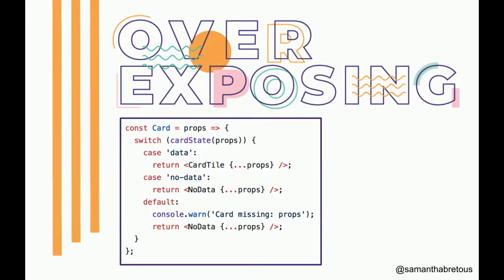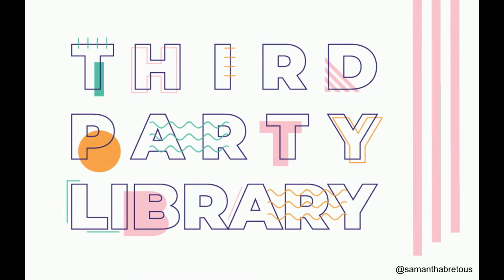On the code on the screen, you'll see this code will actually live inside of the component folder. And based on the properties that you were passed, it would determine what states to render. Like if there was data, it would render the card tile, and if there's no data, it would render a no data tile. And then we need to treat our components like a third-party library, as if you were going to open source it.